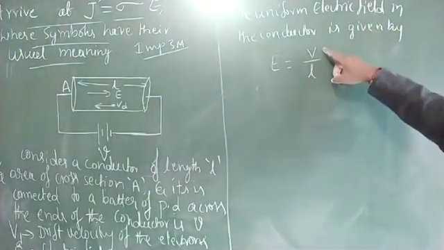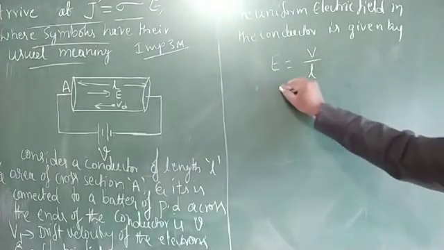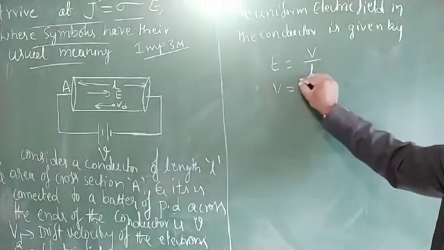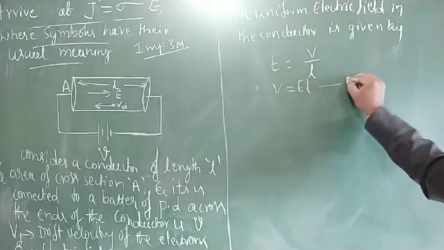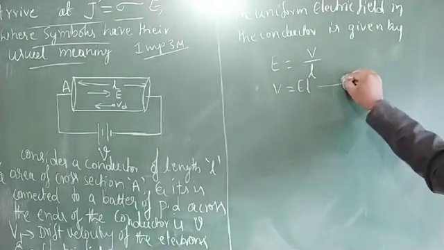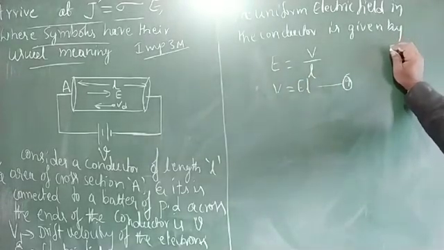From this equation we can write V is equal to E into L. Call it equation number 1.